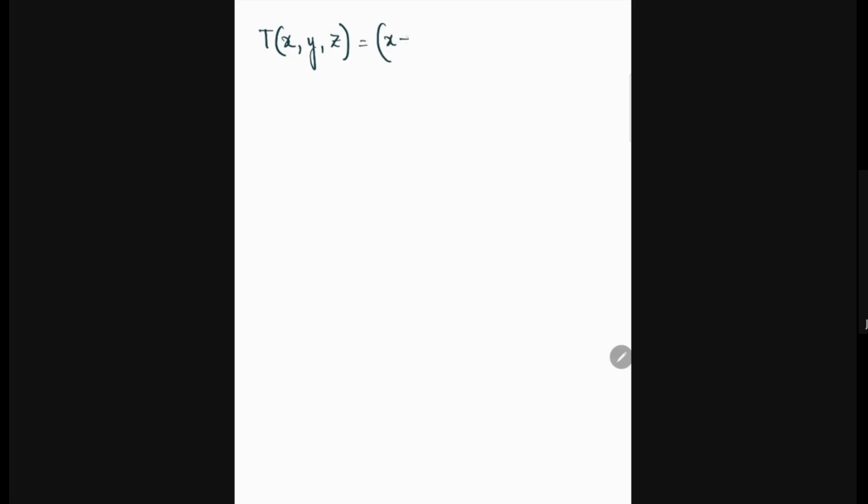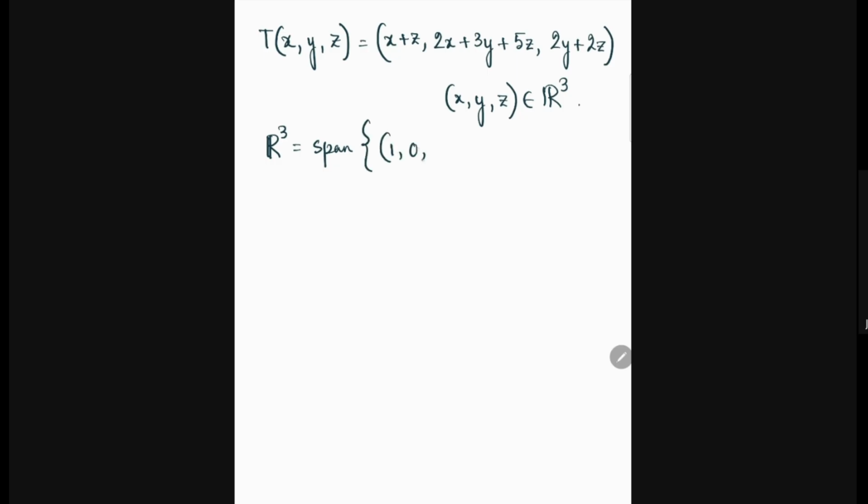Okay, I will start solving it. So for R3, we have a basis, and the dimension of R3 is 3.